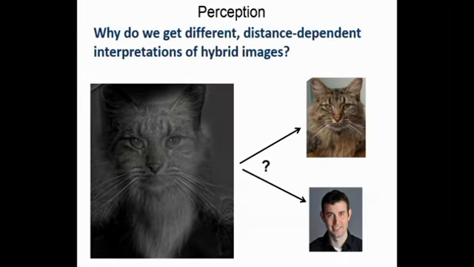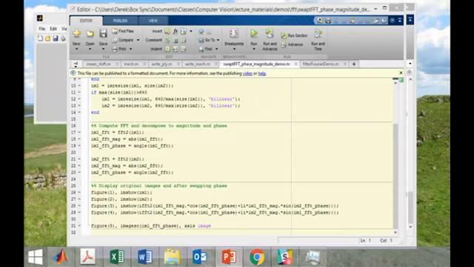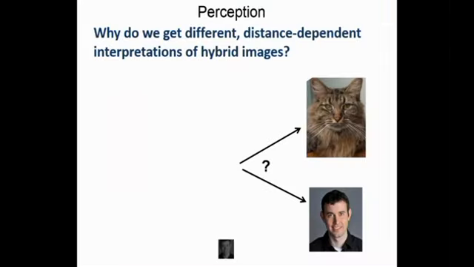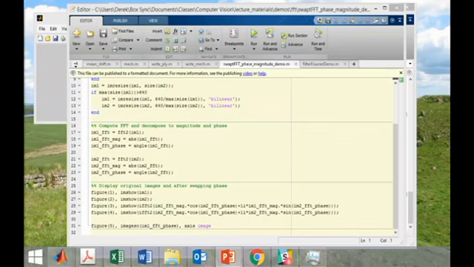And then why does the cat disappear if we get far enough away? Or if I go ahead and shrink this. So now it's very small, but let me put it higher too.